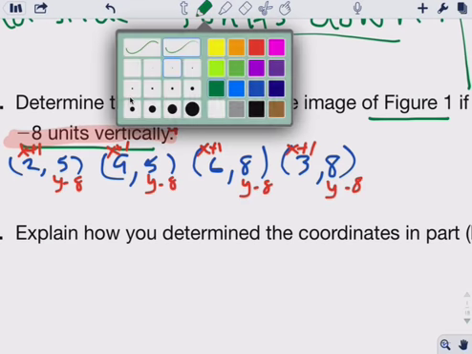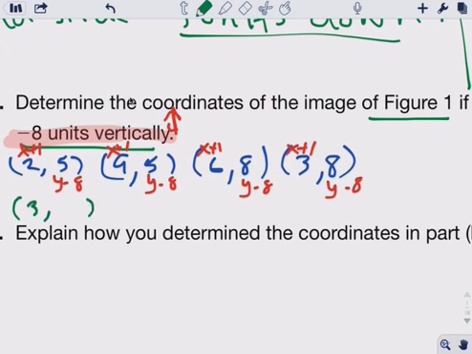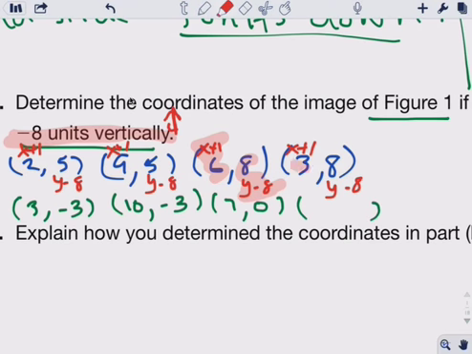So your new ordered pairs are: 2 plus 1 is 3, 5 minus 8 is negative 3. The other one is 9 plus 1 is 10, 5 minus 8 is negative 3. 6 plus 1 is 7, and 8 minus 8 is 0. The last one is 3 plus 1 is 4, and 8 minus 8 is 0.